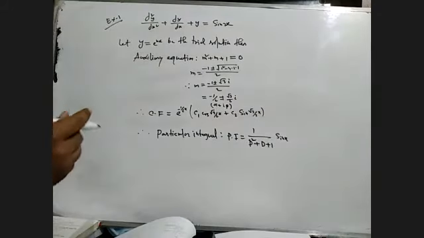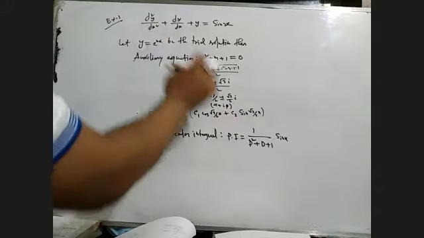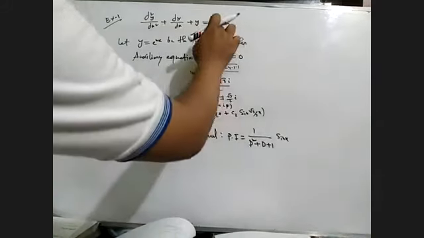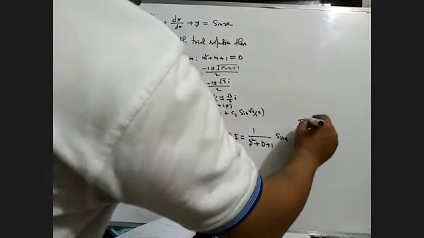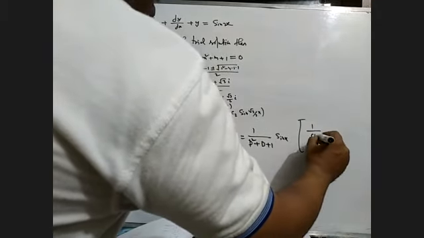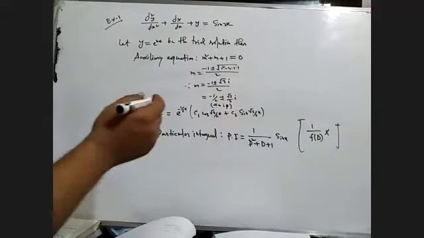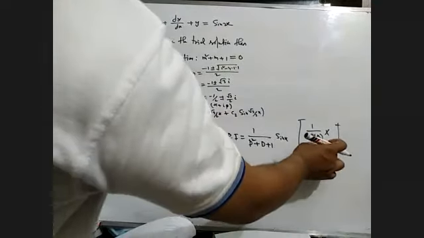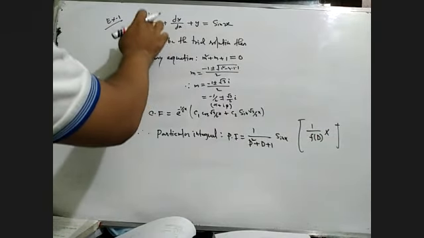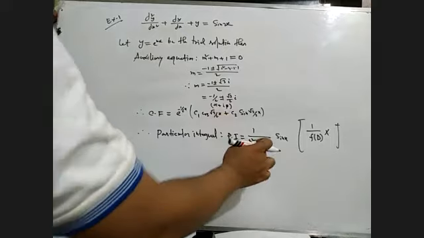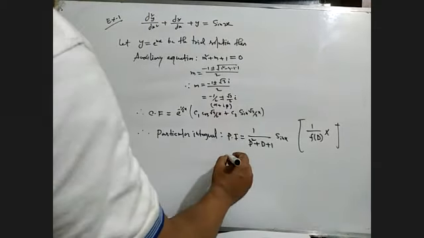That is, 1 divided by the left hand side operator into the right hand side. From the rule, the particular integral is written as 1 by f of D into the right hand side, where D means d/dx. In every problem we have to use these concepts.